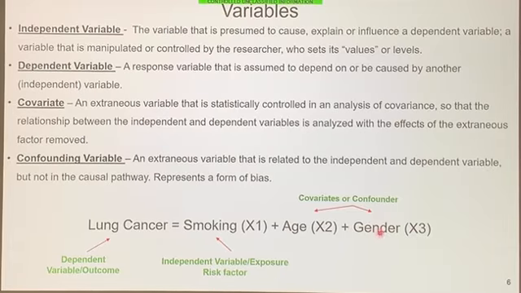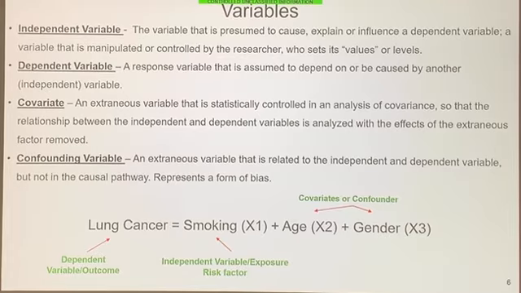Of course, there are some other variables to consider, but the independent variable is the variable that you as the clinician or researcher are manipulating. The dependent variable is the outcome. So you want to know, does smoking cause cancer? You're trying to find a causal relationship between the independent and dependent variable.